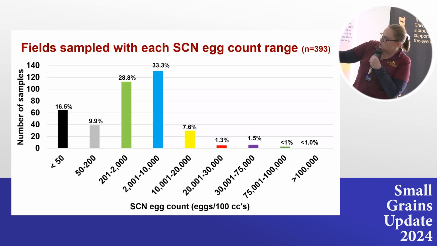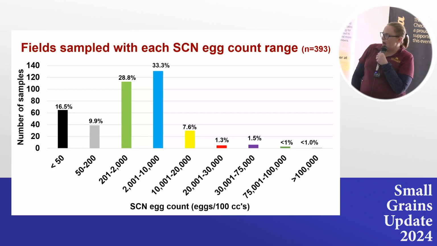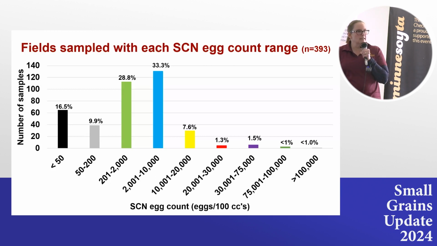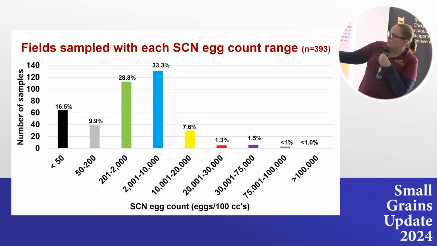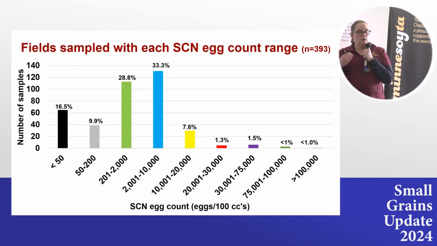For 29%, we got up to 2,000 eggs per 100 cc's. Resistant varieties are definitely recommended. The third of our samples here were from 2,001 to 10,000 eggs per 100 cc's.